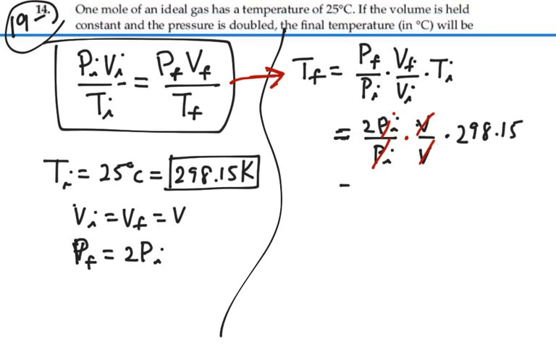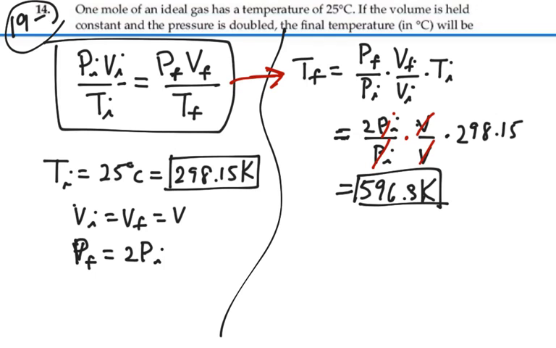So we're going to get 2 times 298.15, which is 596.3 Kelvin. That is our final temperature in Kelvin.